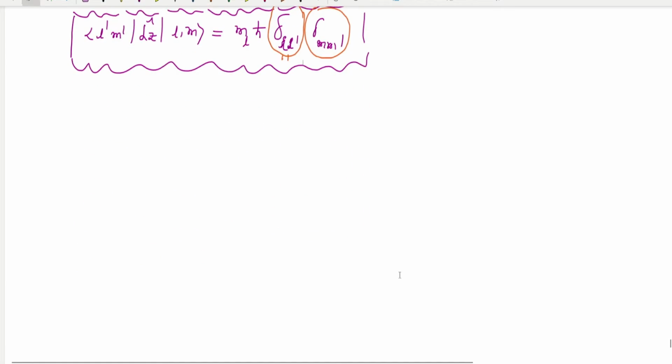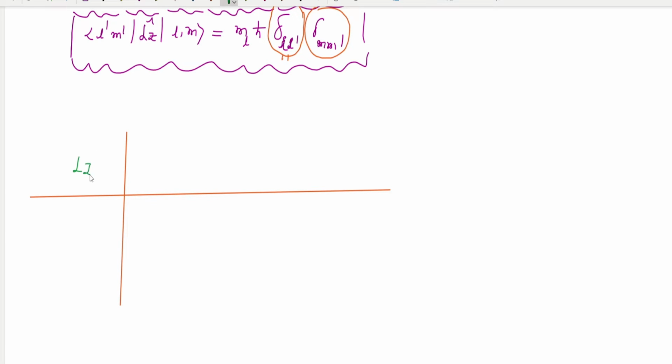Okay, so for L square here I'm going to write the matrix again. Okay, this is enough for me. Here I'm going to write LZ.